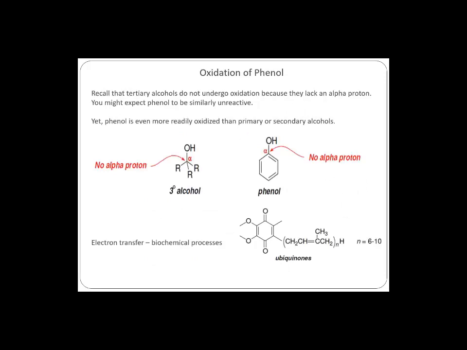However, with certain kinds of groups that have no hydrogens on it, like a phenol, there's some rearrangements that can happen, these redox reactions, which are very important actually for biochemical purposes. So phenols, even though they have no alpha hydrogen to remove, can undergo oxidation.